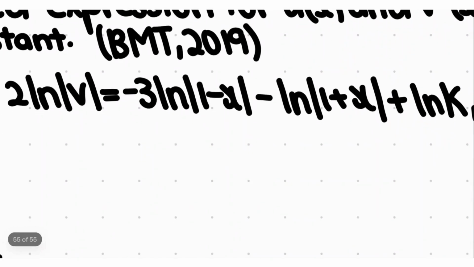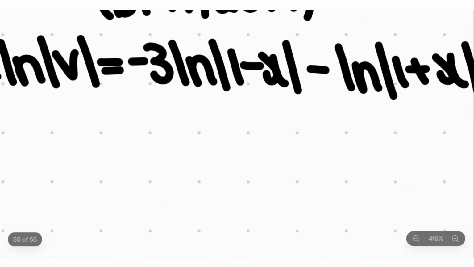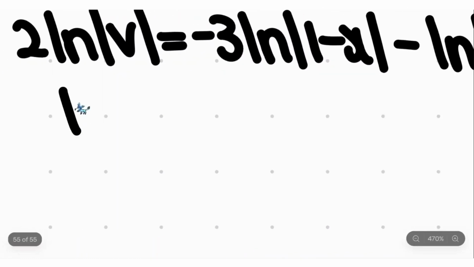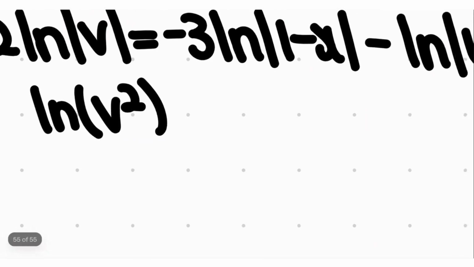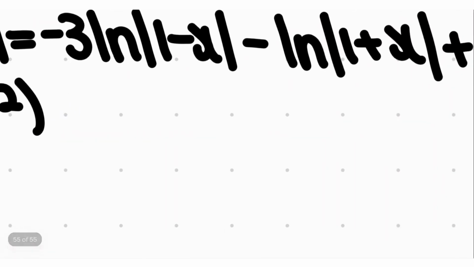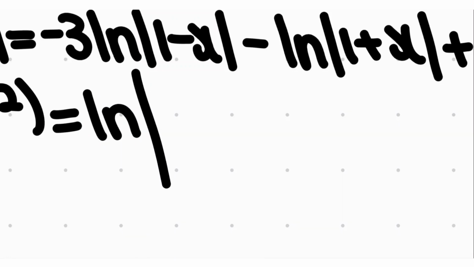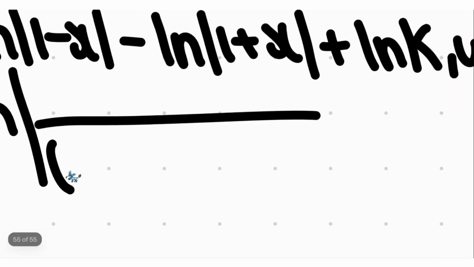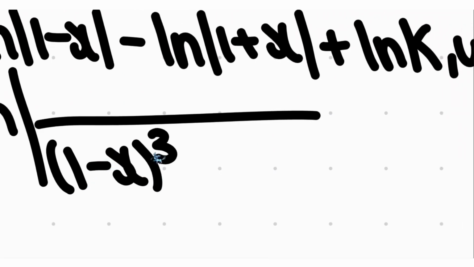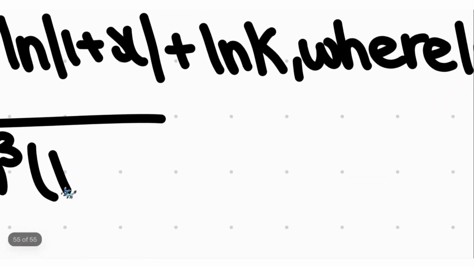I'm just going to use logarithm properties to rewrite everything. So natural log of v squared, note that we don't need the absolute value anymore because v squared is always positive, equals natural log of one big fraction: k over (1 minus x) to the third power times (1 plus x).